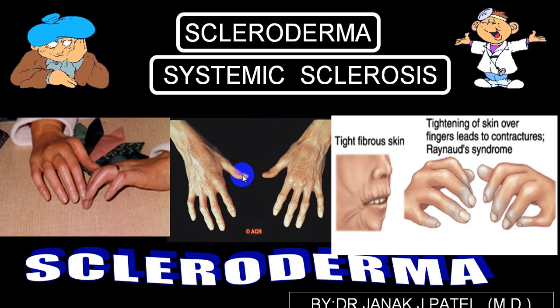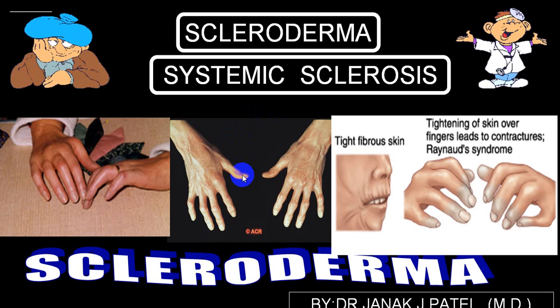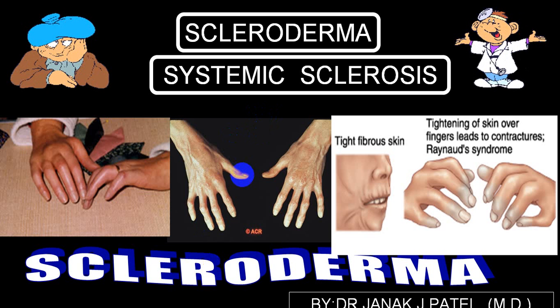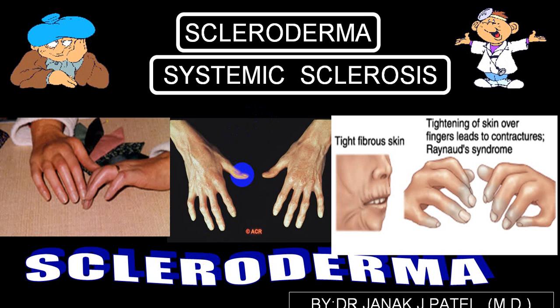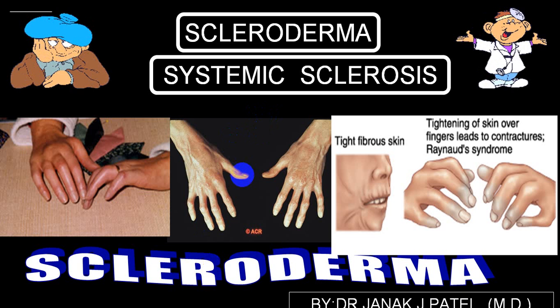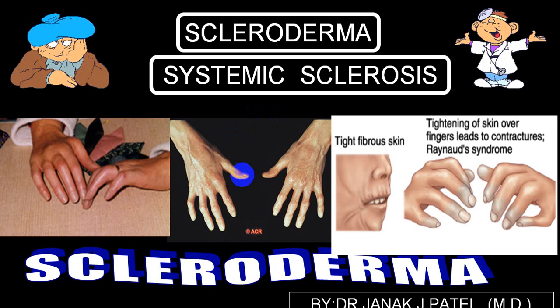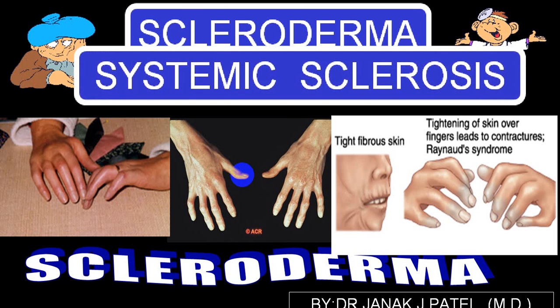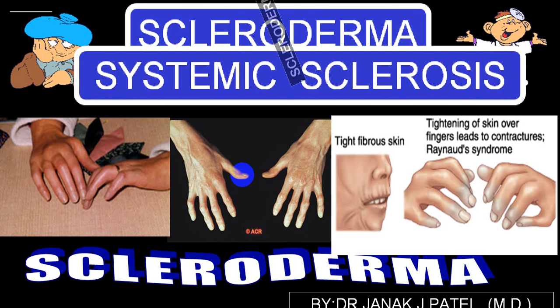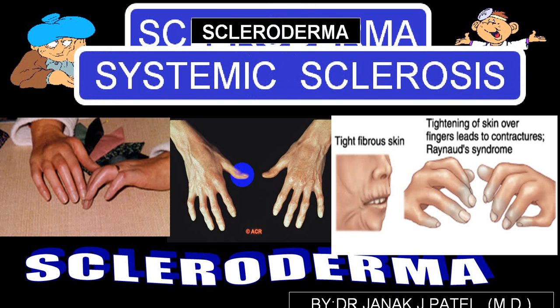Scleroderma or systemic sclerosis is one of the disorders which involves skin and multiple other organs, and once in a while you will see such a patient. Recently we have seen one patient, so I thought I should discuss it with you.